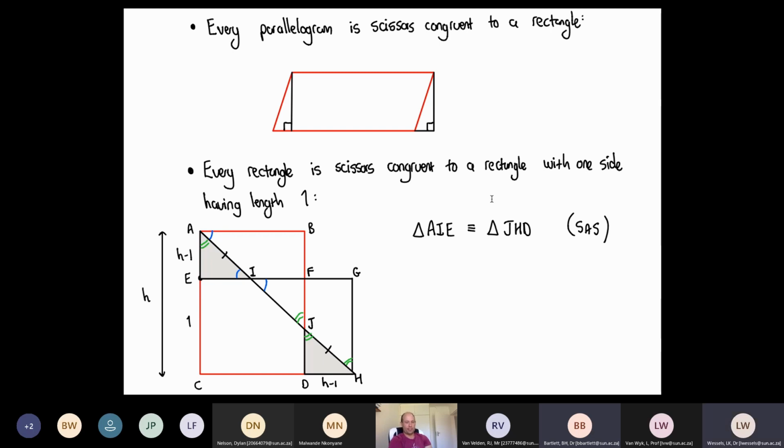Yeah, if you look at the angles. You're agreeing with Dylan, Leslie? I think I am. Because the top one, H minus 1, is the length between, I'm assuming, the right angle and the green angle.